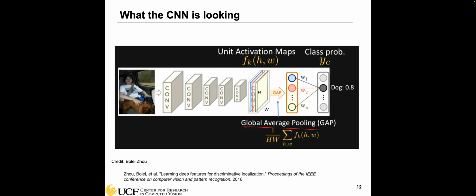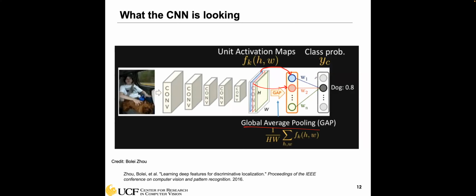So this feature map, the blue one, you take a global average pooling and you end up with a single scalar. And this one gives you another scalar. So for each single channel, you get a single scalar.